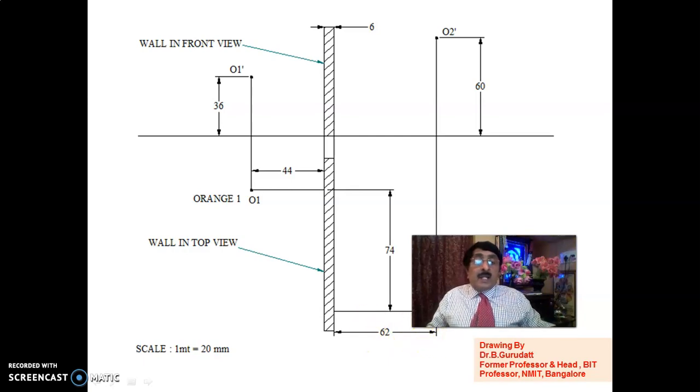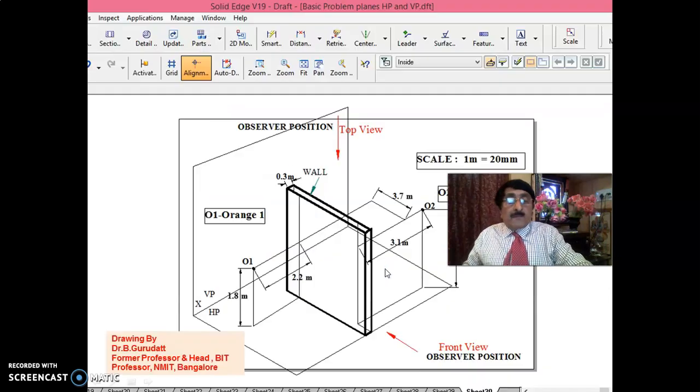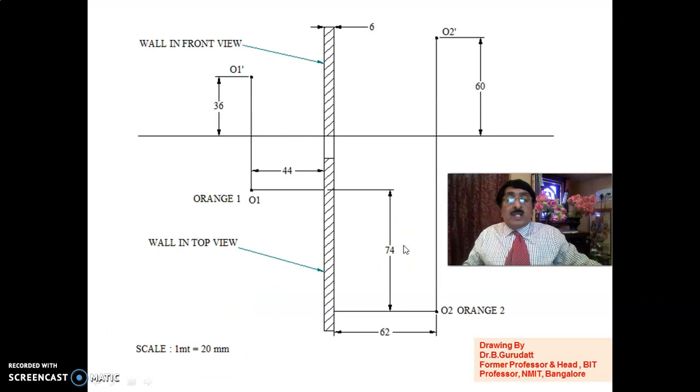And immediately, you see here, once you get O2, 62, please observe. The second orange O2 is 3.1 meters from the wall. Okay, 3.1 meters. That is 62 from the wall, you take it. Okay, that is O2.